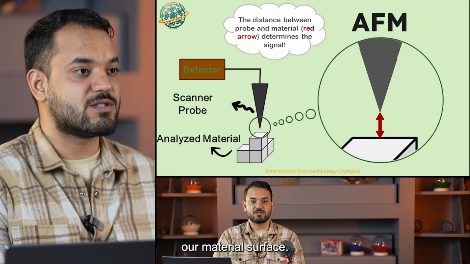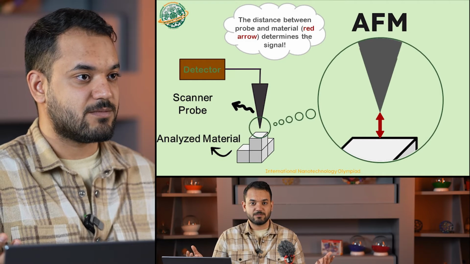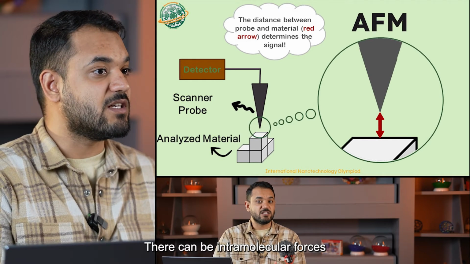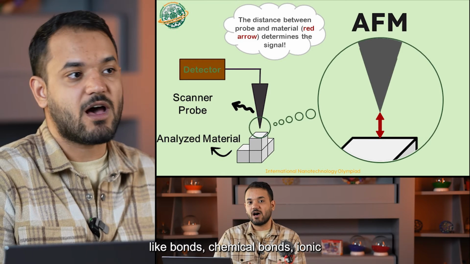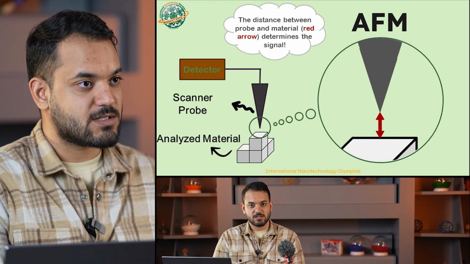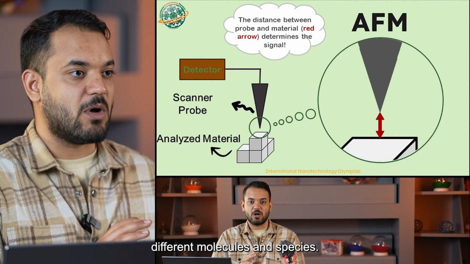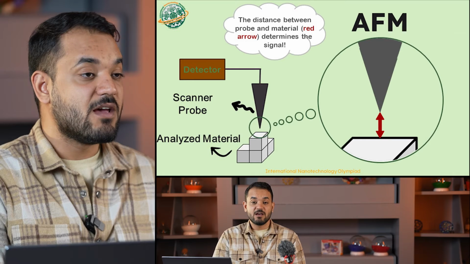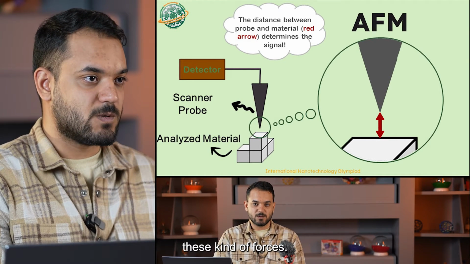and our material surface. As you know, there are many forces in our nature. There can be intramolecular forces like bonds, chemical bonds, ionic bonds, and there can be intermolecular forces. The forces, the attractions between different molecules and species. And AFM works based on these kinds of forces.